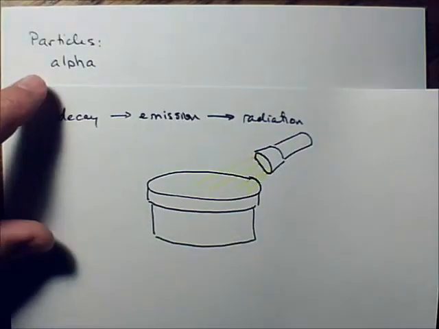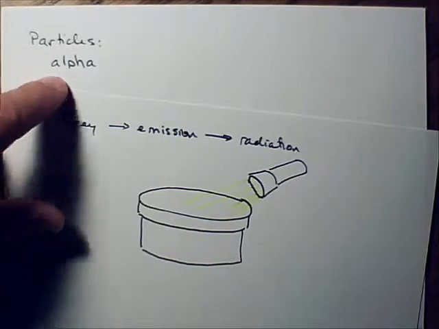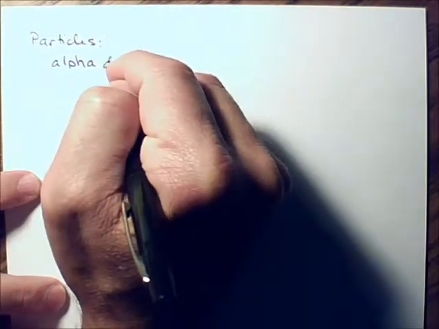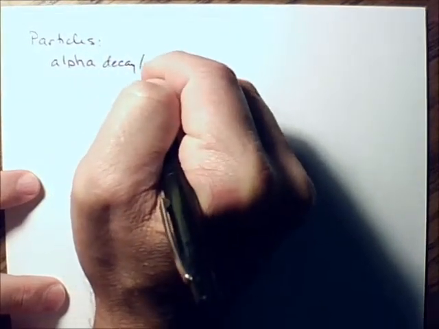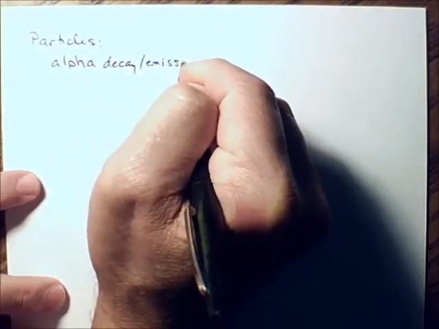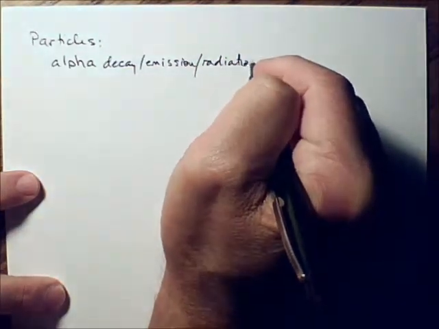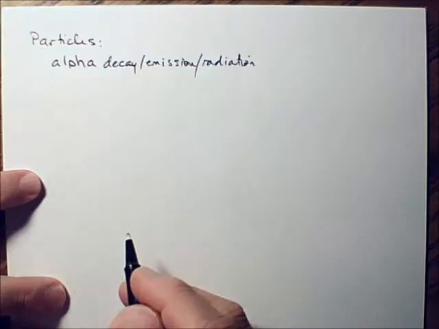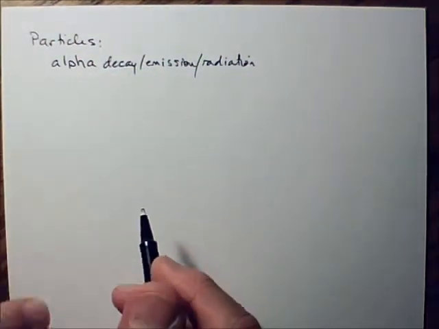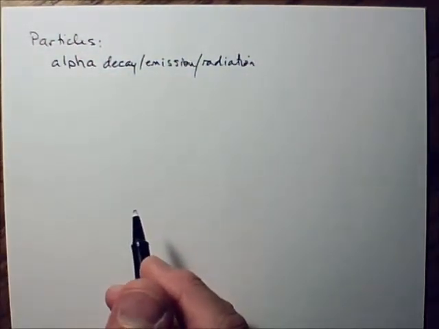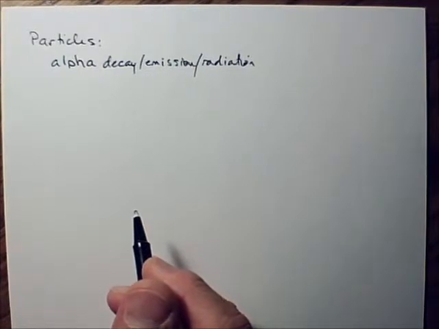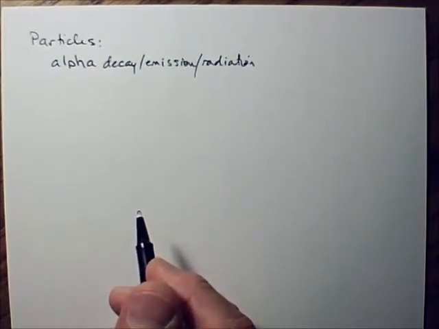So alpha is a form of decay, emission, radiation, and it comes from alpha particles that come from the nucleus. All we're talking about today is nuclear stuff.